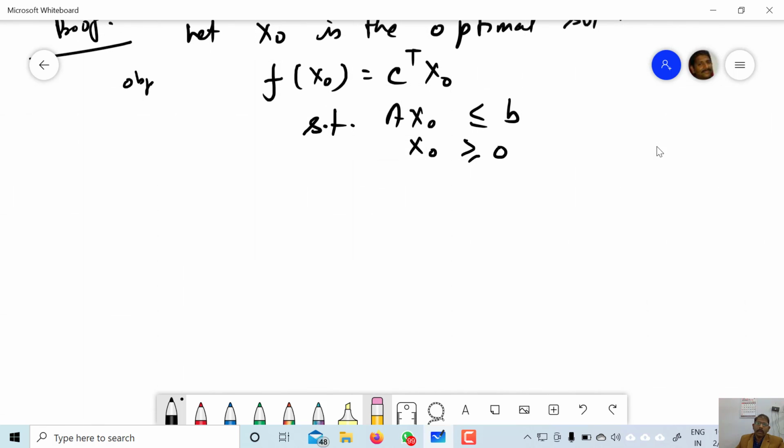Till now we have considered x0 as the optimal solution, and because it is optimal, we can write the primal as this one.